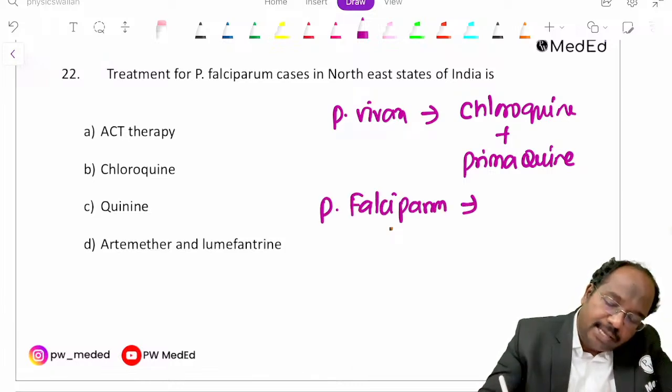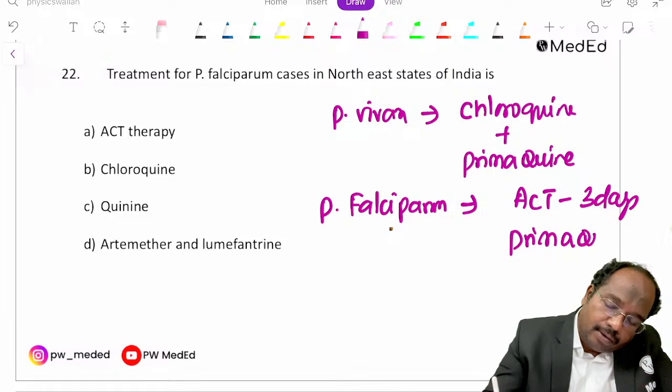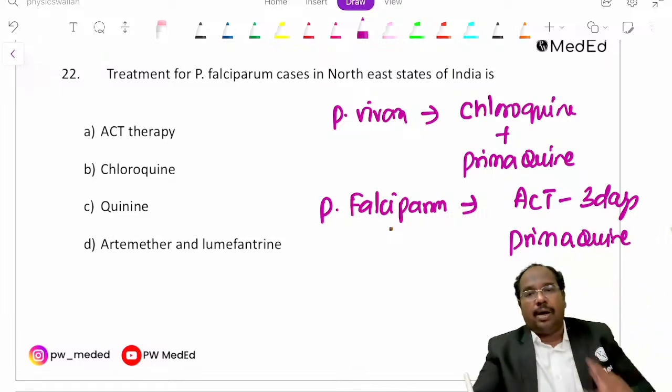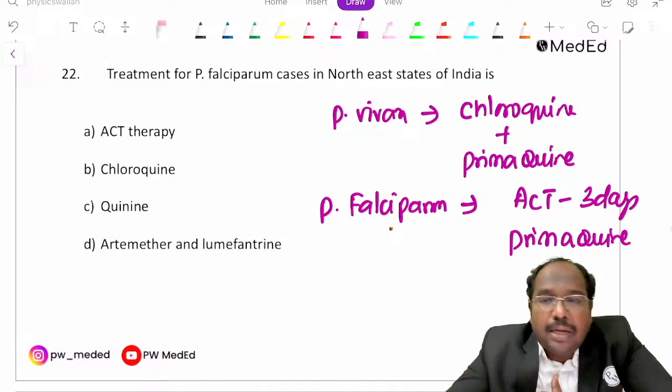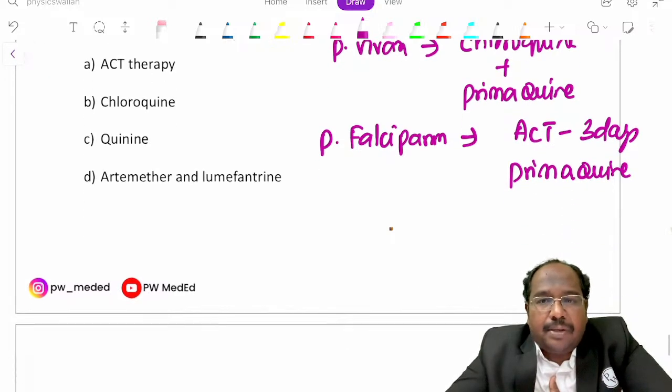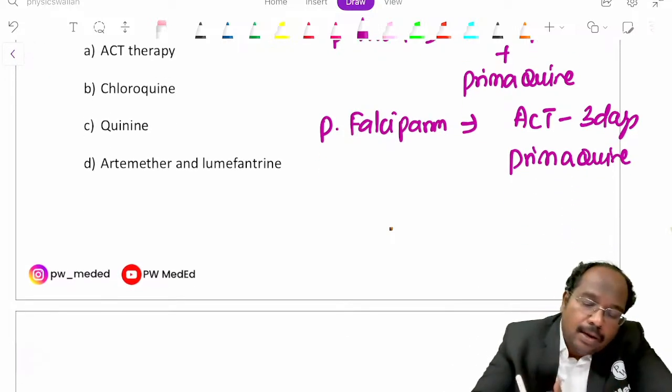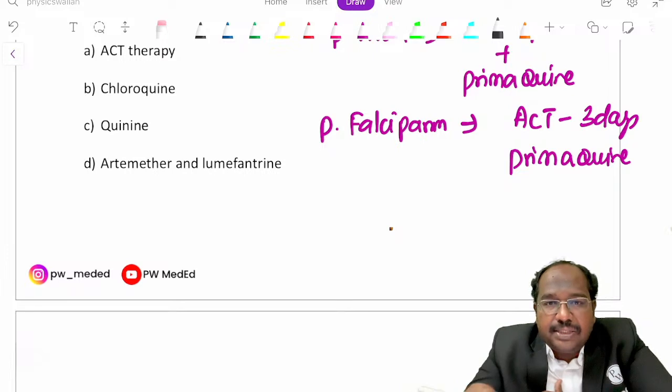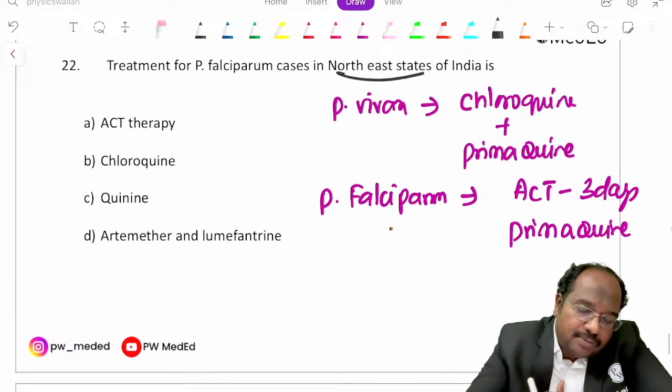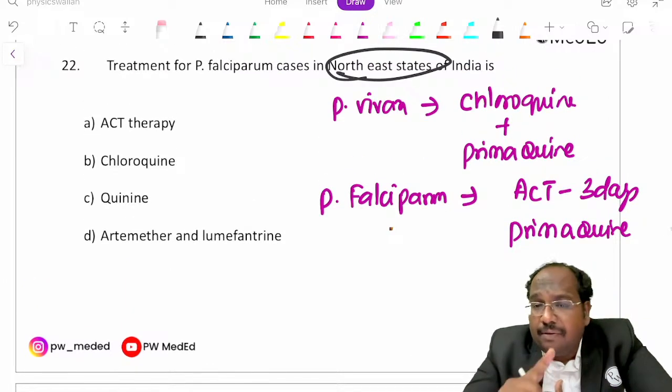Normally you have ACT for 3 days, and primaquine you are going to provide. ACT means artesunate, sulfadoxine and pyrimethamine. This is falciparum. Key point here: for falciparum, do not give chloroquine because falciparum has become resistant to chloroquine.